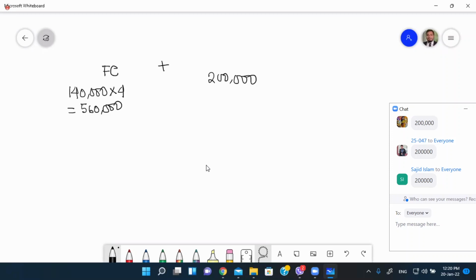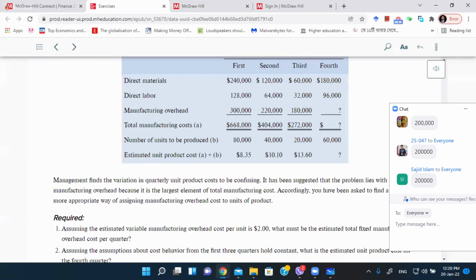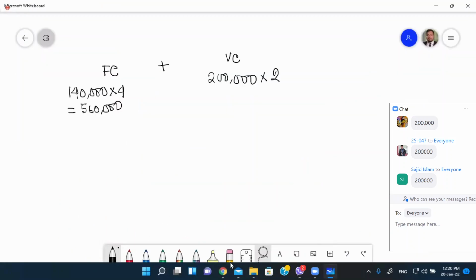Again, the annual estimated units of products to be produced is 200,000. So we can determine the variable portion of the manufacturing overhead. Can you recall how much the variable manufacturing overhead per unit was? It is $2. So if we multiply by 2, we get 400,000. Now, if we sum the fixed portion and the variable portion, we should get 960,000.